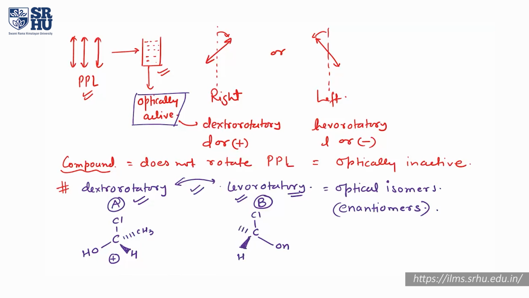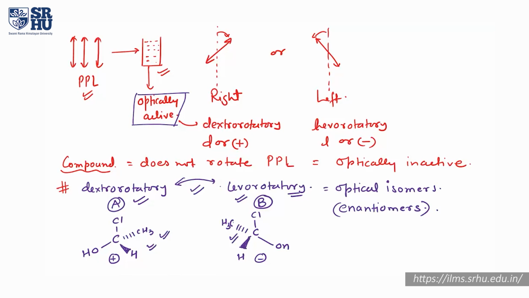You have to bear this in your mind that if the first compound is dextrorotatory, then obviously its mirror image will be levorotatory. If dextrorotatory is present, then certainly there will be a levorotatory, and these two compounds will be optical isomers of each other.